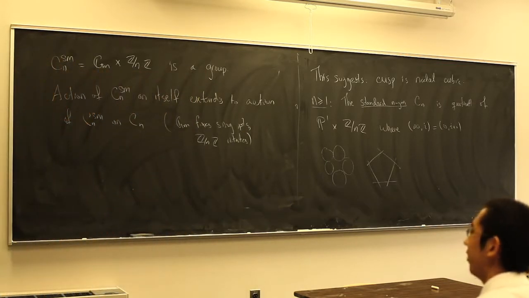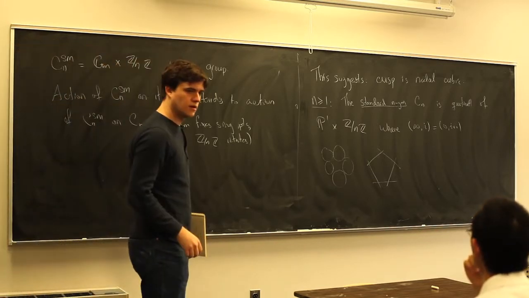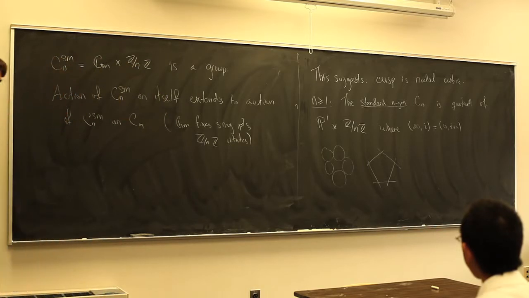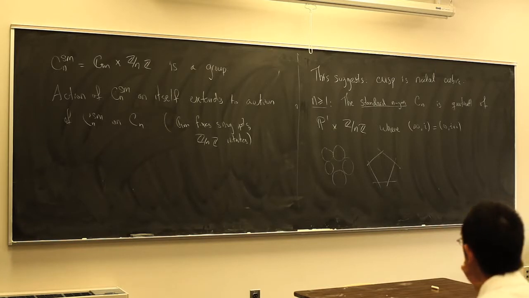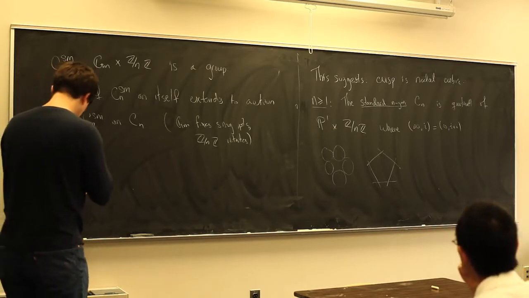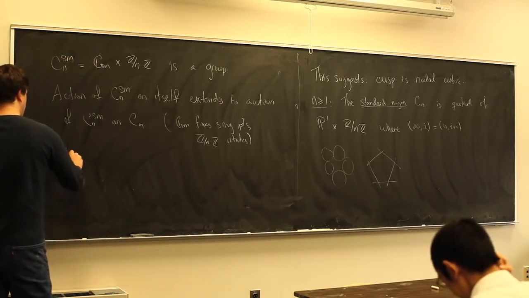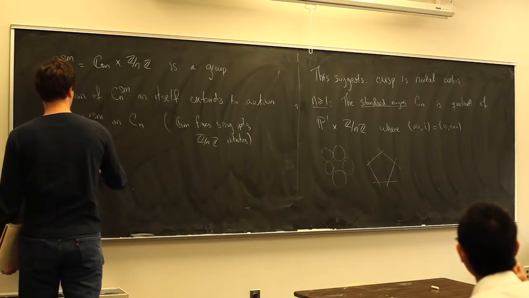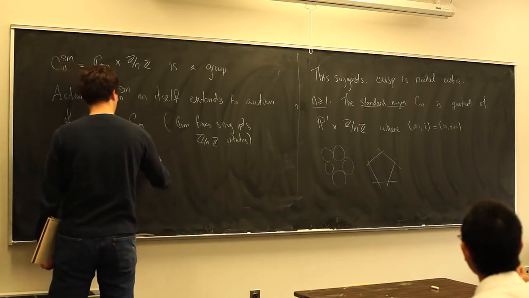So C1 is the nodal cubic, or P1 with these 2 points identified. It's just a nodal curve. And these bigger ones are not irreducible curves. Okay, and I want to point out now that if we think of Cn as a group, its n-torsion has order n squared.